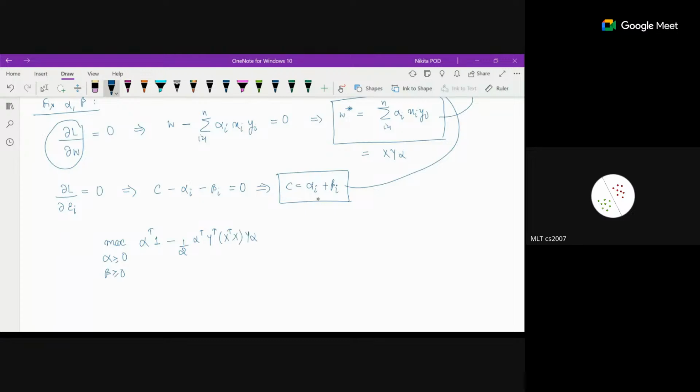But since you have this constraint now over here, that is C is equal to alpha I plus beta I, this will also get added over here. So now you have one more constraint to check, which is alpha plus beta should be equal to C. So now this is the problem you have with you, all right?